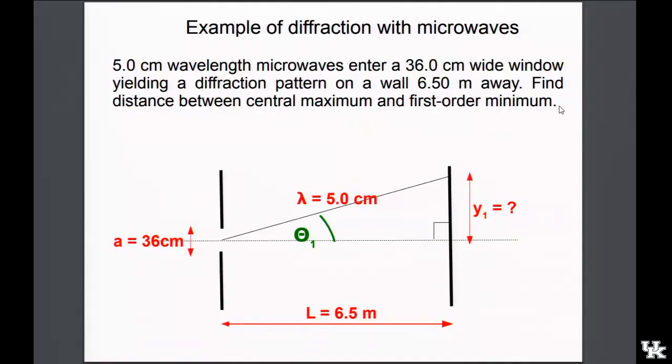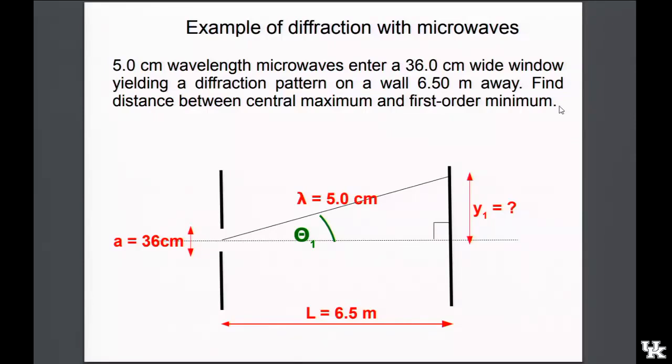Okay, let's look at an example calculation involving diffraction. In this particular case, we're going to shine microwaves. So we open the microwave door, and we're going to shine microwaves on a window, and look at the microwave diffraction pattern on a wall downstream of the window.